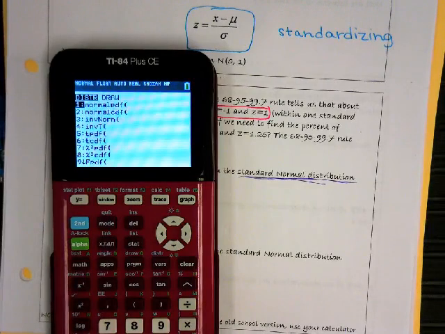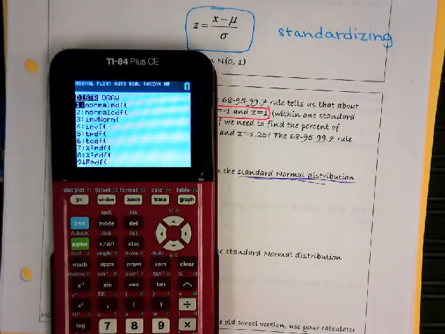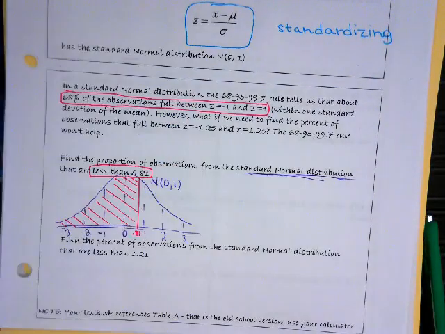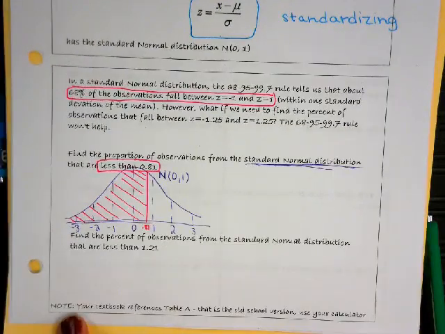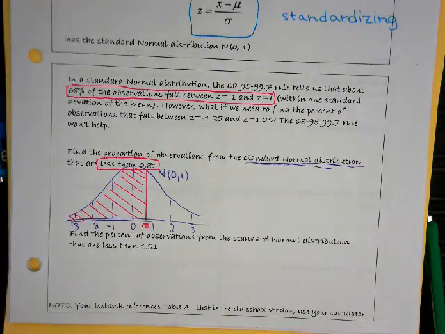I do have a note down at the bottom. Your textbook will reference Table A. It'll say, use Table A to do this. That's how we did it back before these things were invented. Yes, but use your calculator. It's much easier. But Table A is back here at the back.